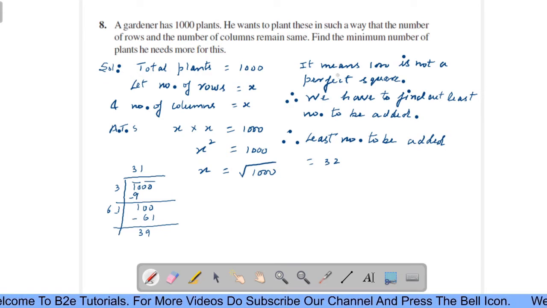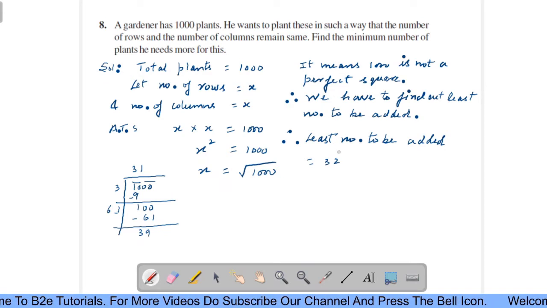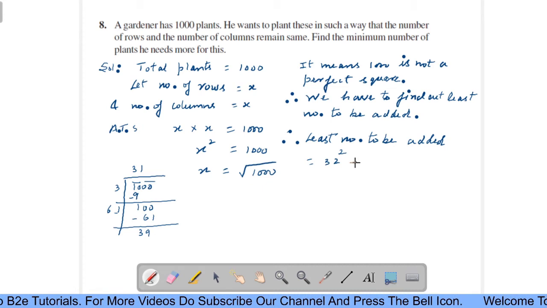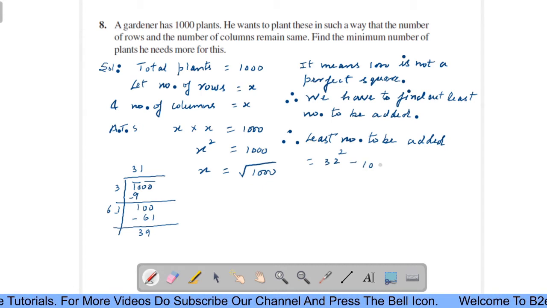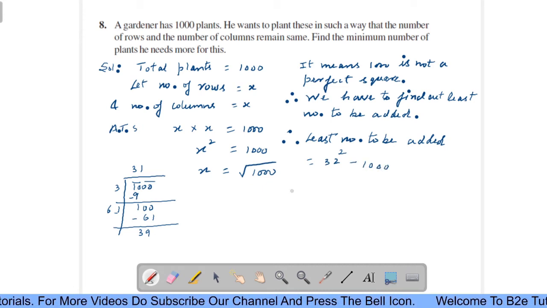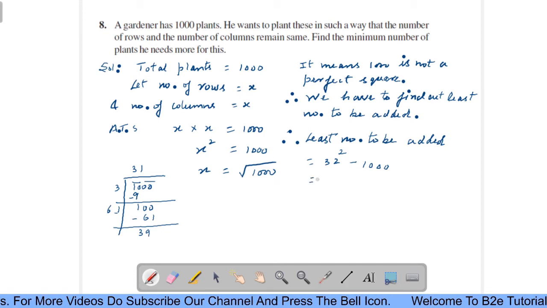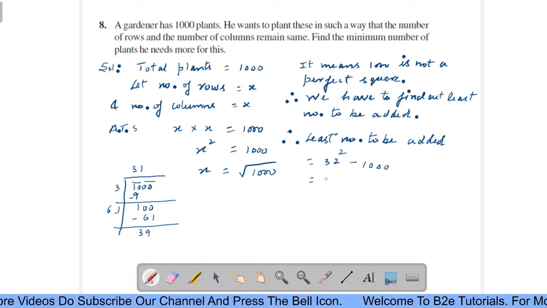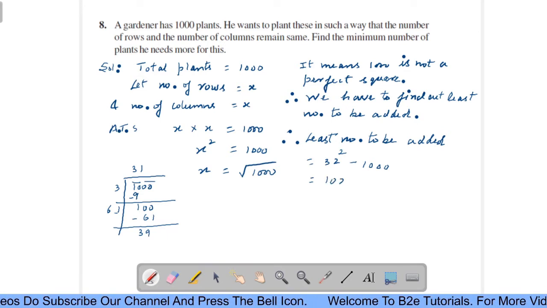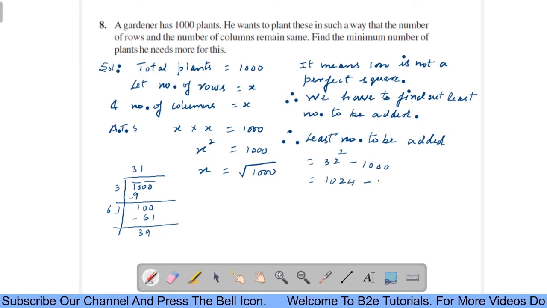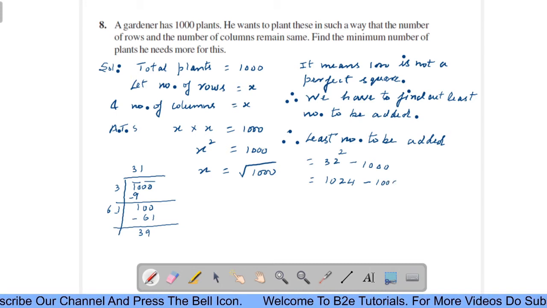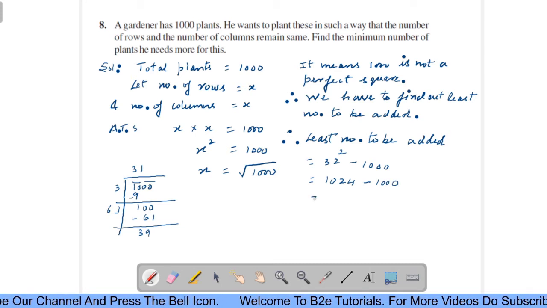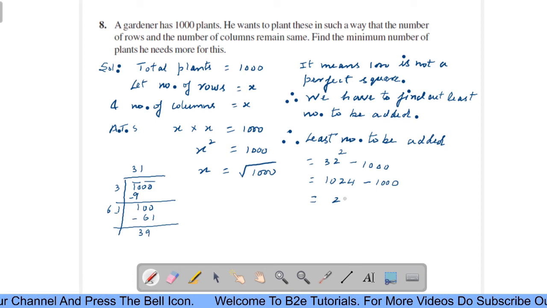It will be 32 square minus 1000. What is the square of 32? It is 1024 minus 1000, that is 24.